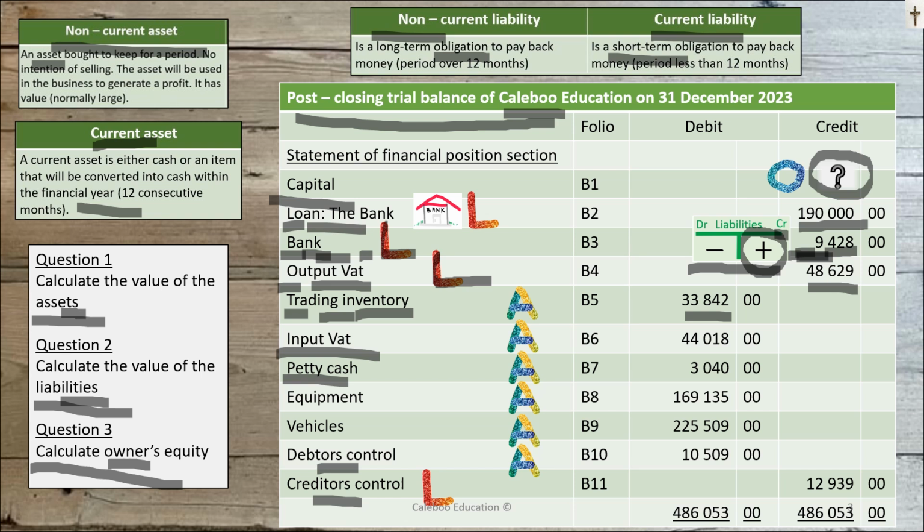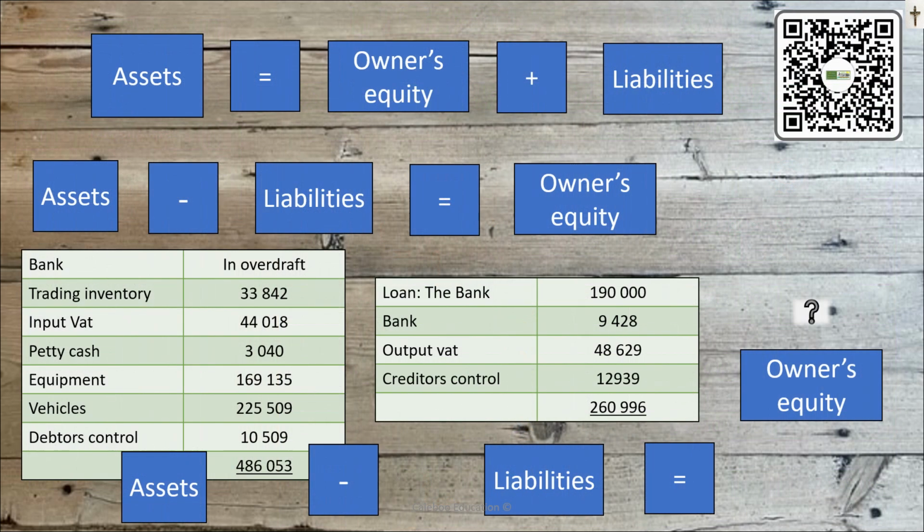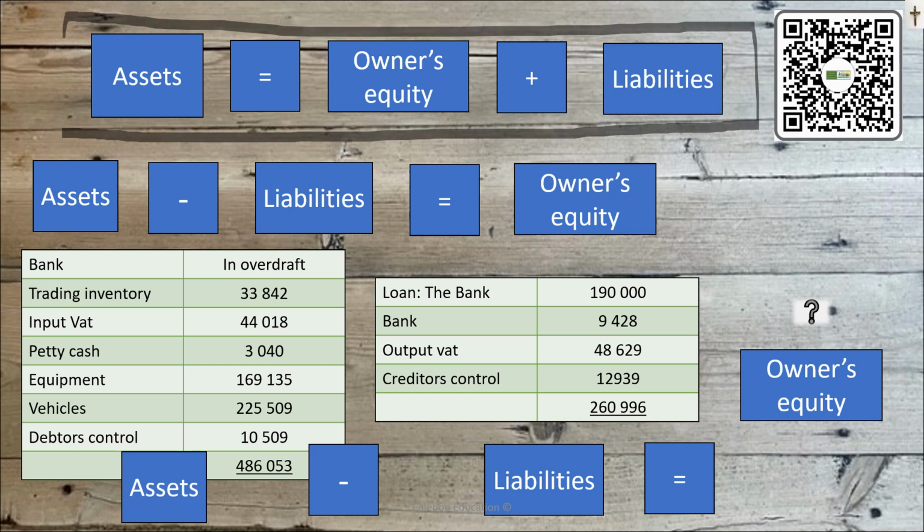So what I've done here now is I've categorized all these items into assets and liabilities because we're trying to calculate owner's equity. Here I have the accounting equation. Assets equals owner's equity plus liabilities. Now what we're trying to calculate is the value of the owner's equity.